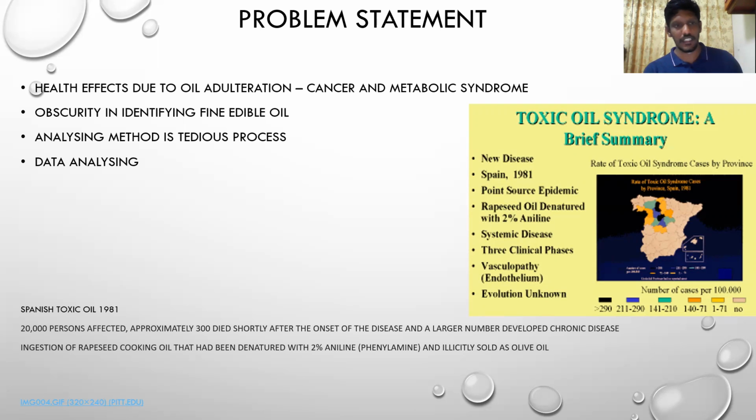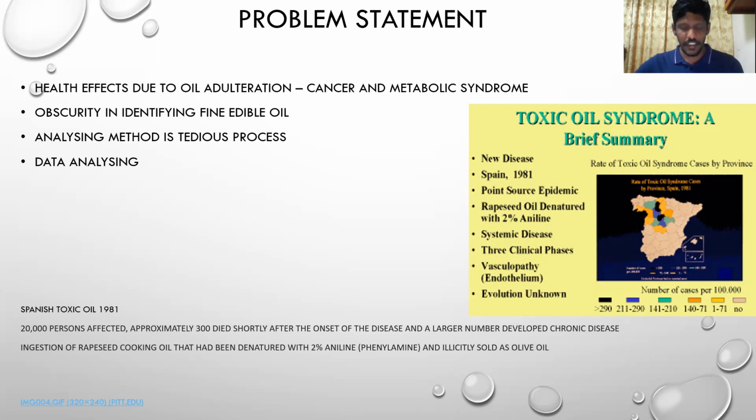For example, I have chosen the Spanish toxic oil case that occurred in 1981. 20,000 persons were affected, approximately 300 died shortly after the onset of the disease, and a larger number developed chronic disease. The cause was ingestion of rapeseed cooking oil that had been denatured with 2% aniline and illicitly sold as olive oil.